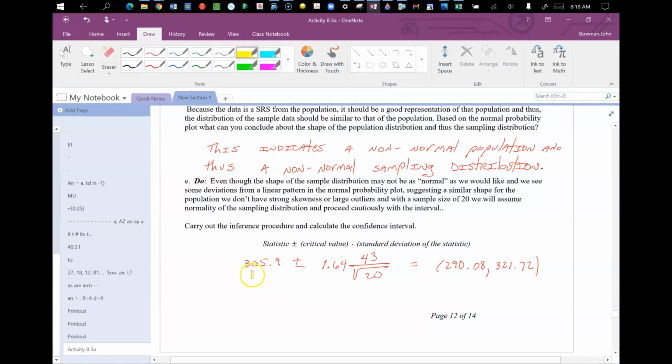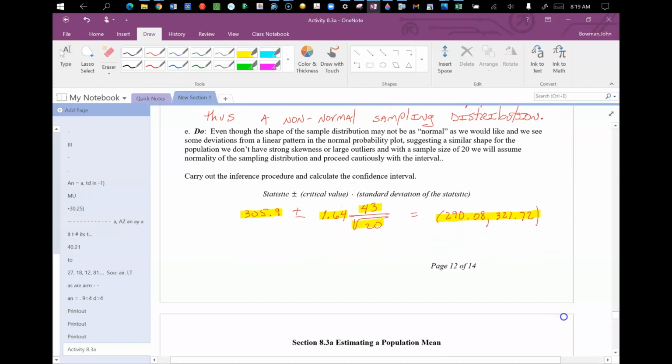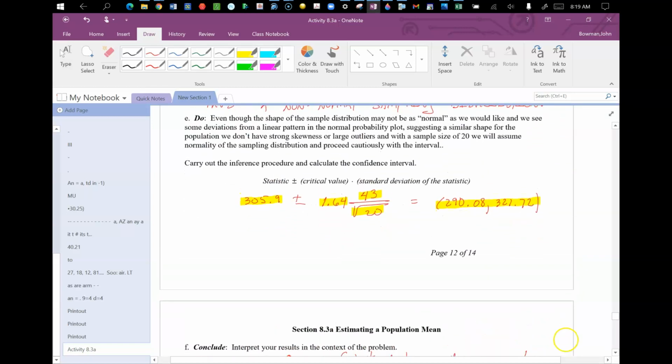So 305.9, critical value, assumed population standard deviation over the square root of the sample size. You need to show your work, and then go ahead and write down the confidence interval that you got. If you write down a confidence interval without supporting work, you will not receive credit for it.